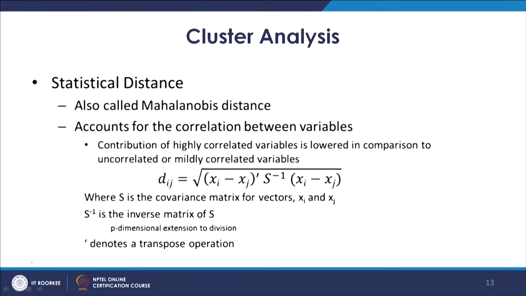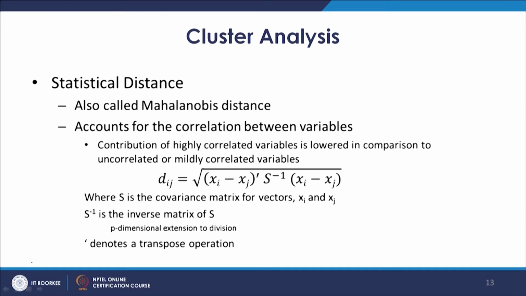The second one, one of the more important metrics, is statistical distance, also called Mahalanobis distance. This particular metric can account for correlation between variables, in the sense that the contribution of highly correlated variables can be lowered in comparison to the variables which are uncorrelated or mildly correlated.